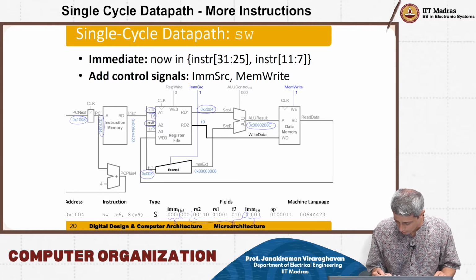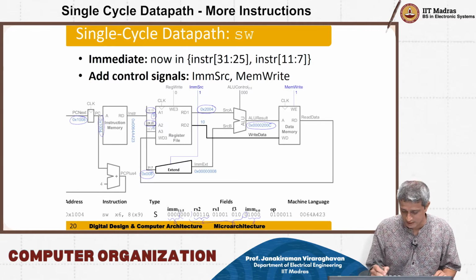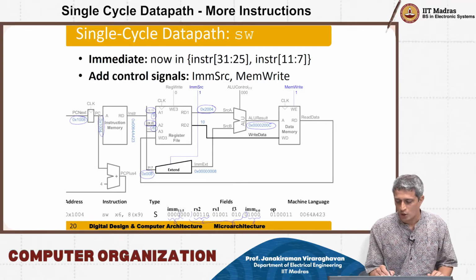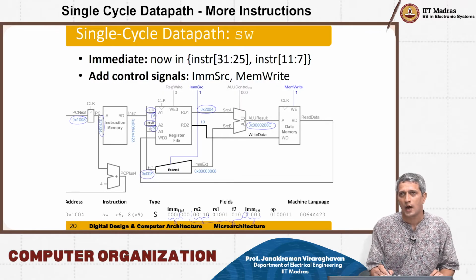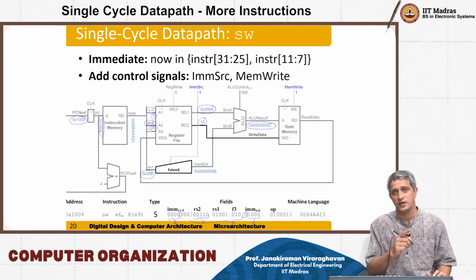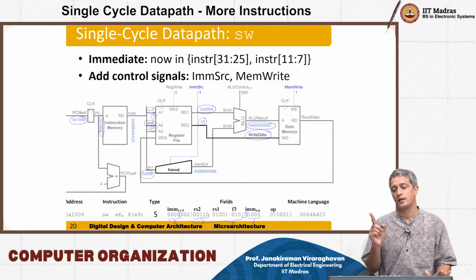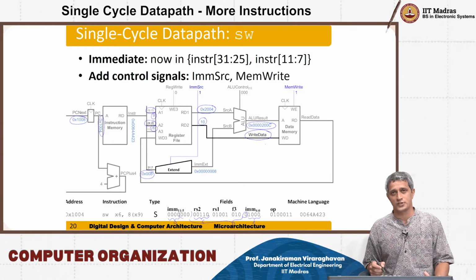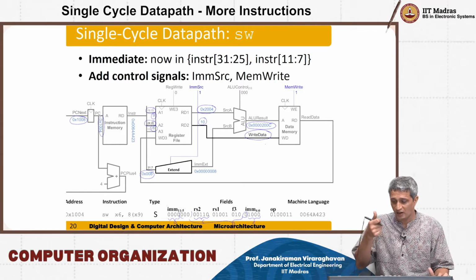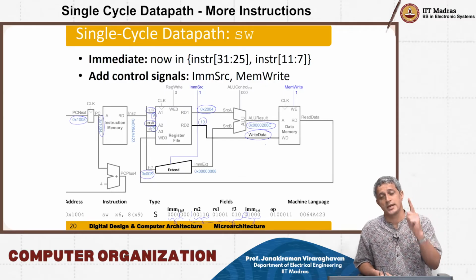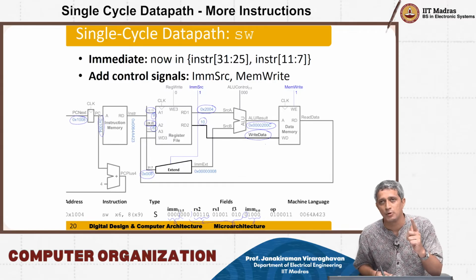That's what you see here. That's why this is 6. That 6 here is given to A2. On the read 2 port, RD2 port, you will get the data that is sitting in that register. That is your write data into the data memory. And of course, for data to be written into the data memory, my clock has to pulse, my write enable has to pulse.